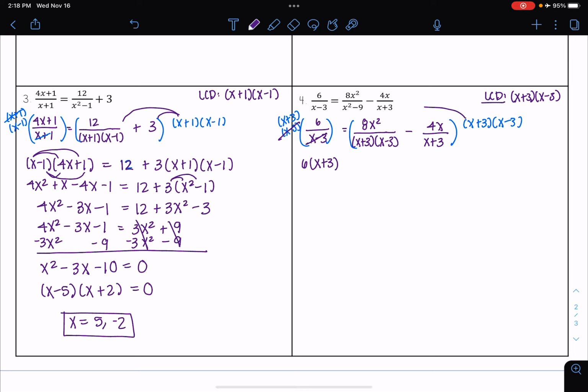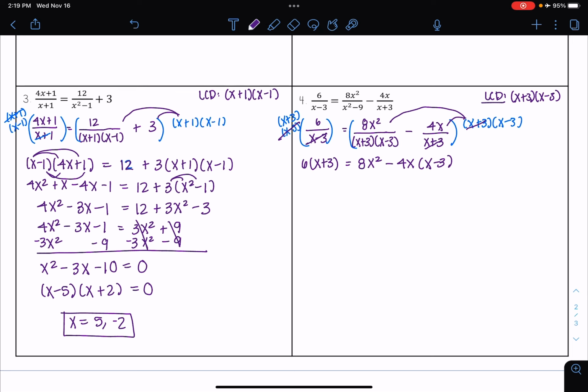When I multiply this with my first term here, I see I'm multiplying by its denominator, so those both cancel, and I'm just left with 8x squared. And then when I multiply it on here, I see my x plus 3 cancels, and I'm left with 4x times x minus 3.